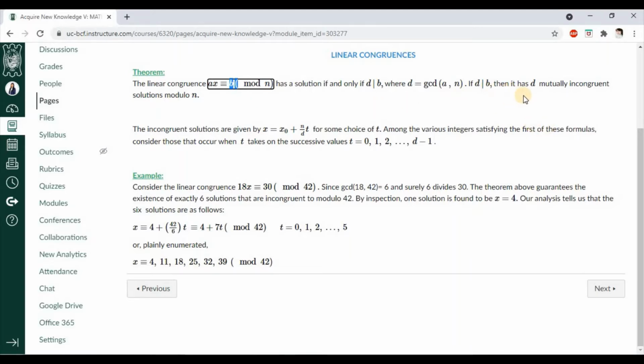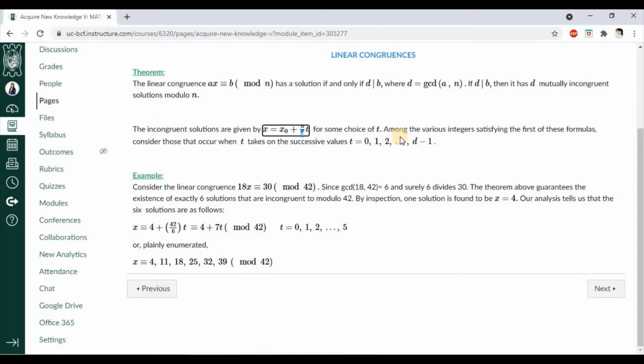And it has d mutually incongruent solutions modulo n. So, kung ano yung value ng ating GCD, it would be the number of mutually incongruent solutions sa ating mod n. Okay? The incongruent solutions are given by this equation: x is equal to x sub 0 plus n over d, where d is your GCD, times t.